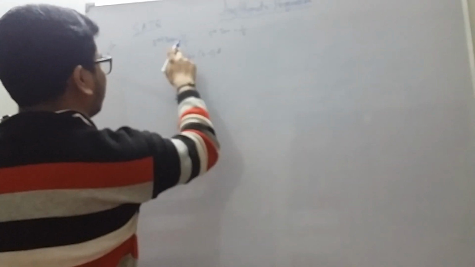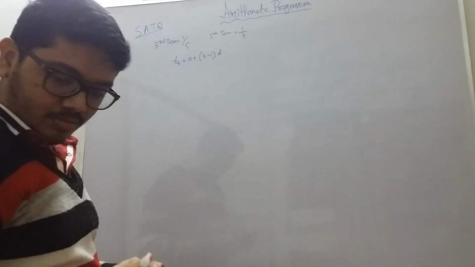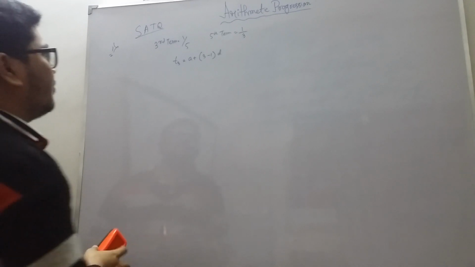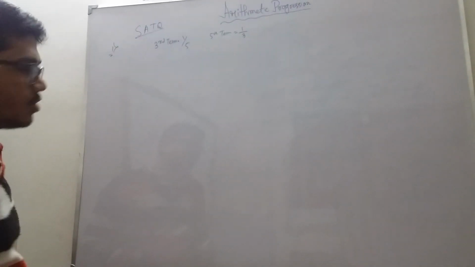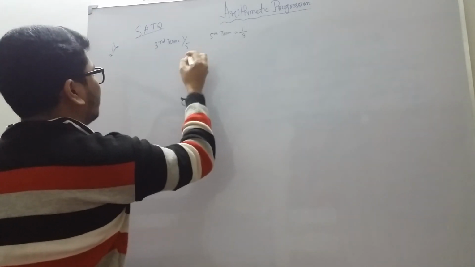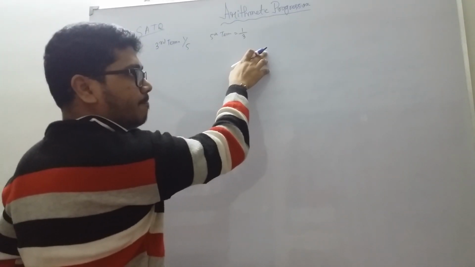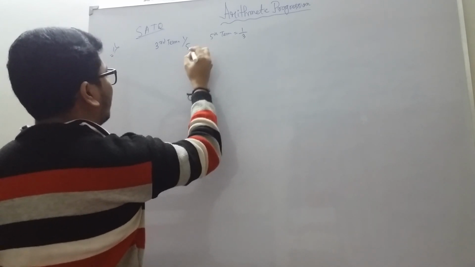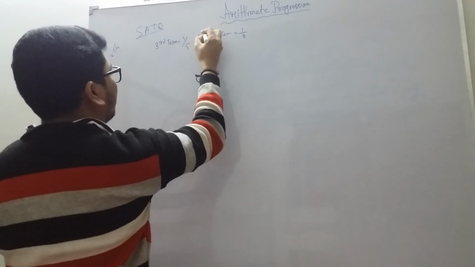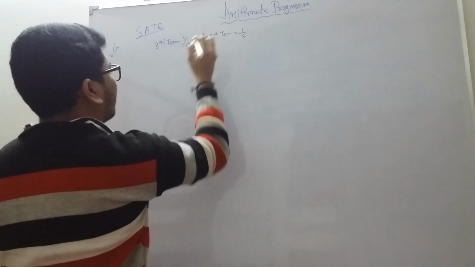The third term is 1 by 5 and the fifth term is 1 by 3, so what will be the fourth term? The fourth term is also in the AP. We don't know it, so suppose the fourth term is equal to x.